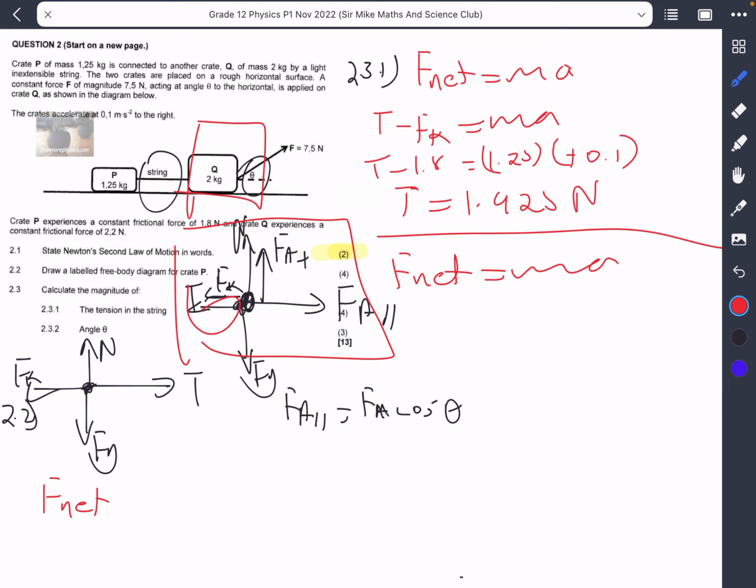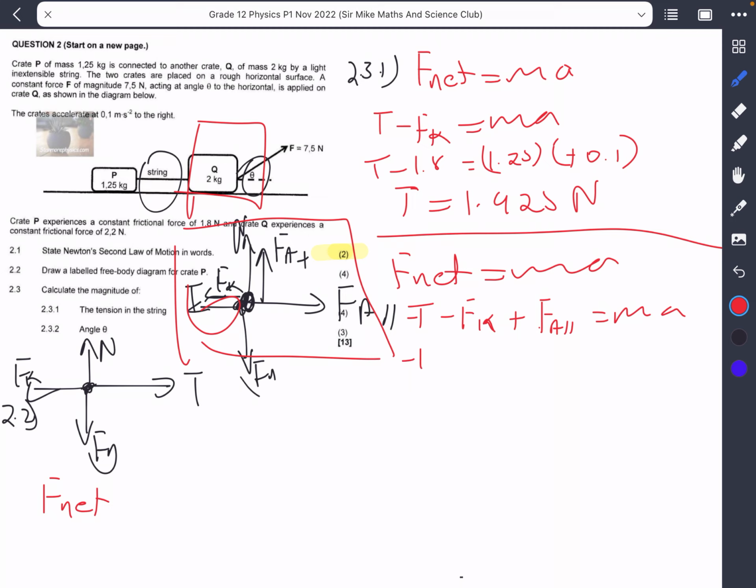So I'm going to choose to the right again as positive. So I have tension, all right, being positive, minus Fk, plus F applied parallel. So that would equal MA. Now I'm just going to erase this down here so that I have somewhere to write. So I have tension, and I found tension to be 1.925.